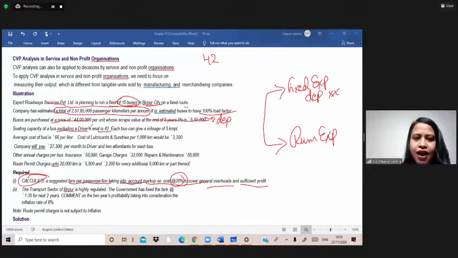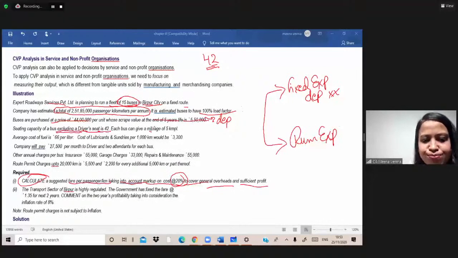They are saying the bus has a capacity of 42 and this value does not include the seat of the driver.